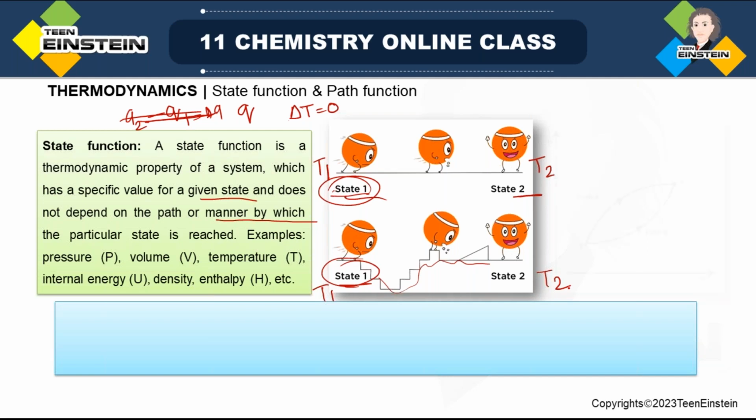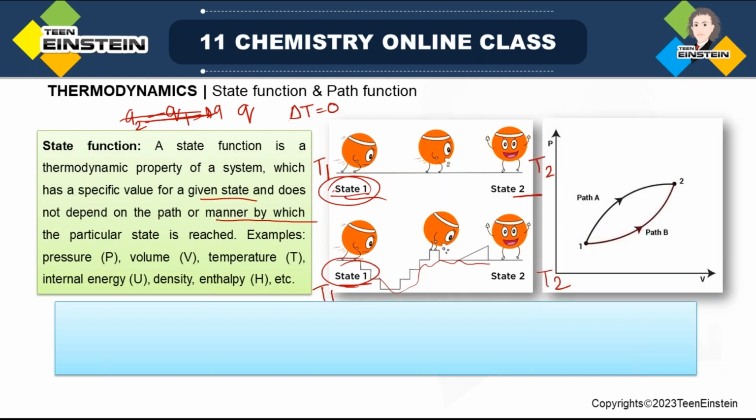Another example, also see. PV curve we have taken. You are moving from point 1 to point number 2. At point 1, this is the corresponding pressure, this is the corresponding volume. At point 2, this is the corresponding pressure, this is the corresponding volume. So in both cases there is some change. Now you may follow path A or path B, but it doesn't matter, because you can also follow another extra path I'm drawing.